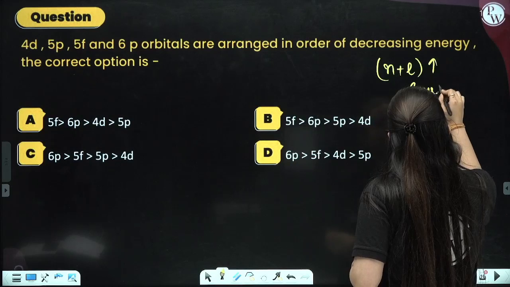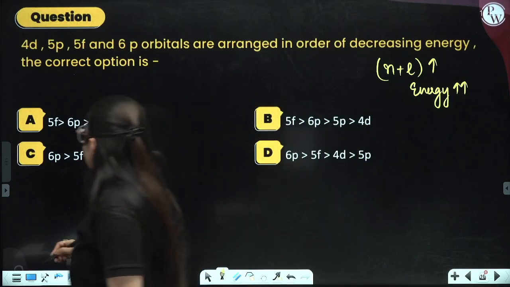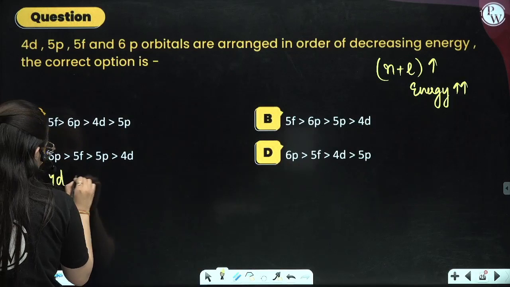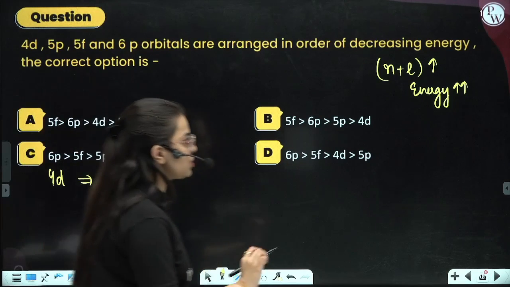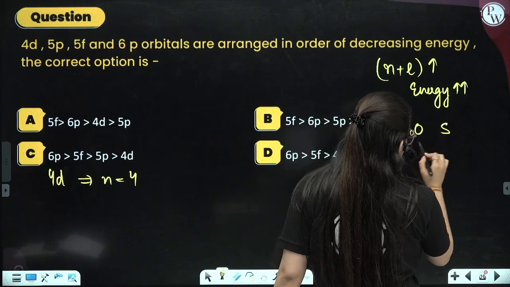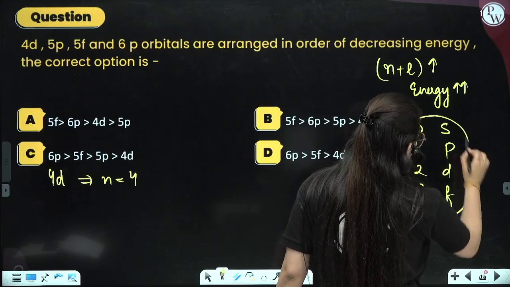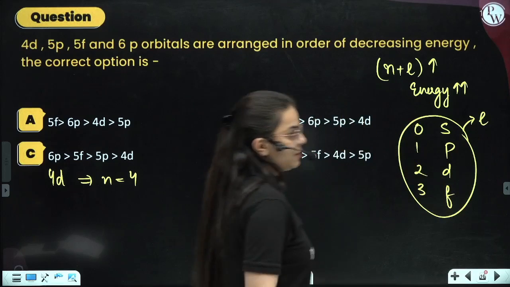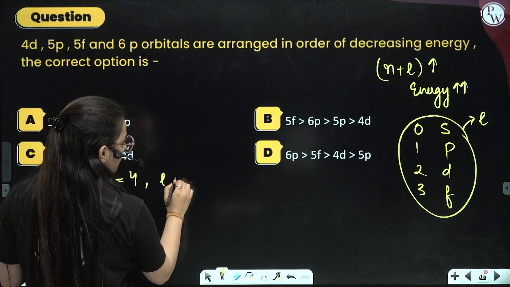Now let us apply it in this particular question. We have 4d. First of all, see 4d. What is the value of n over here? n is 4. For this I shall also write over here 0 for s, 1 for p, 2 for d, 3 for f. This is the value of l. Now see over here, n is 4, l for d is 2.